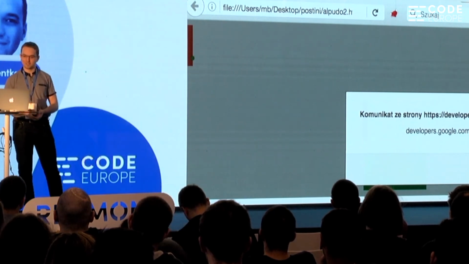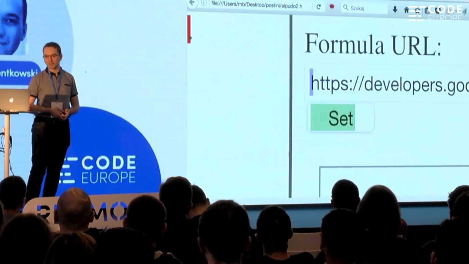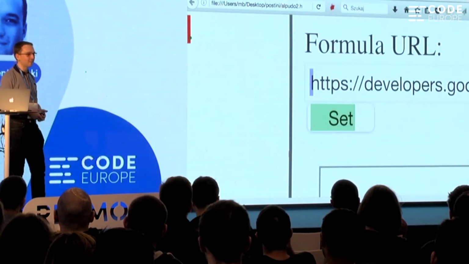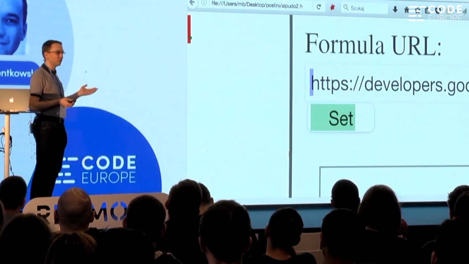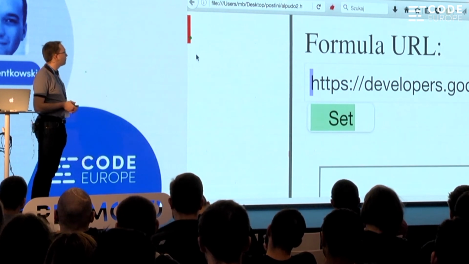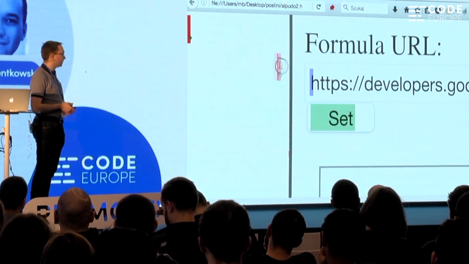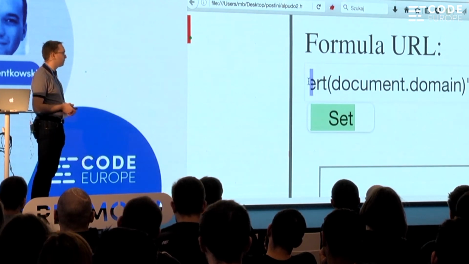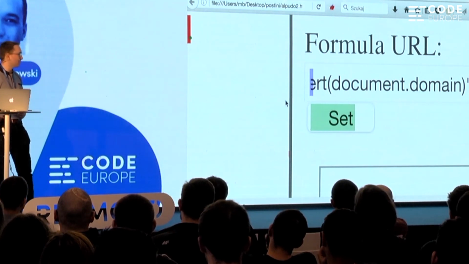What happened here? Well, actually, there was an invisible iframe. And when the user thought that he was dragging some boxes, he actually dragged the boxes on that iframe. So when he dragged the red box, he actually dropped the XSS payload into the form's URL field. And when he pressed the green block, he pressed the set button.